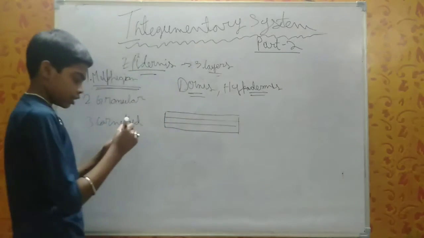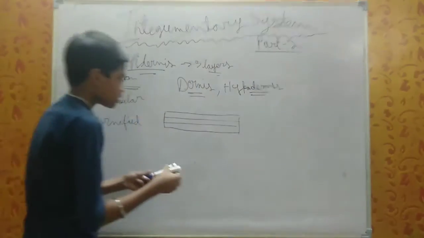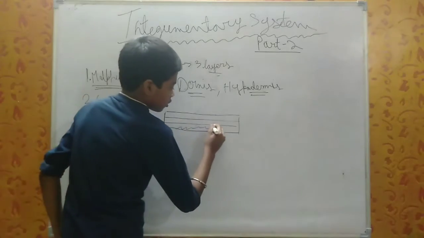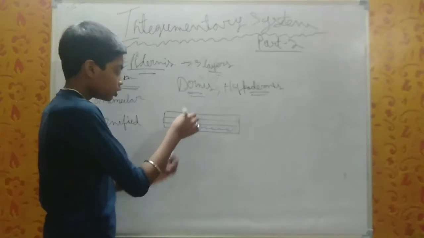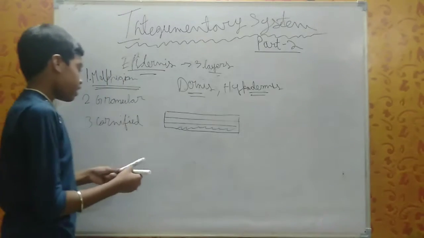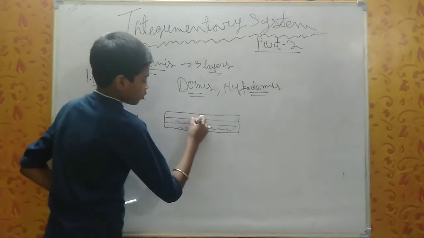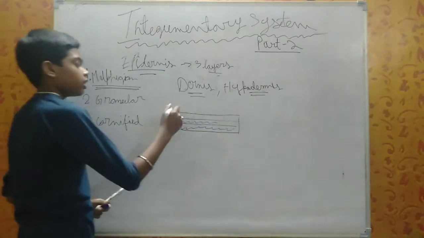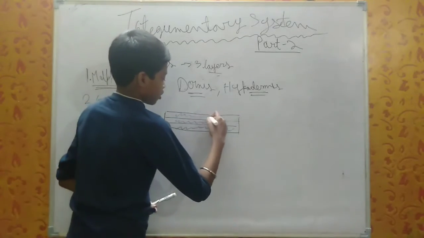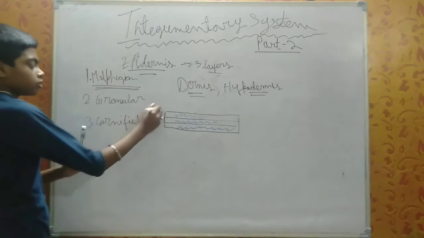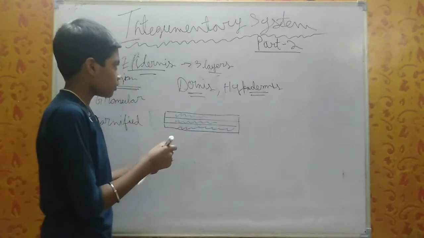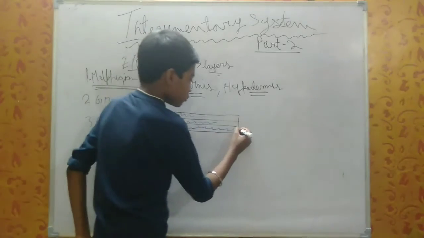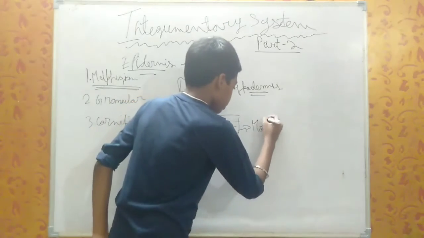This layer is the innermost layer of the epidermis. Then we come to the granular, and then the third is the cornified. So these are the three layers of the epidermis. Here we can see that the malpighian is in the innermost position.